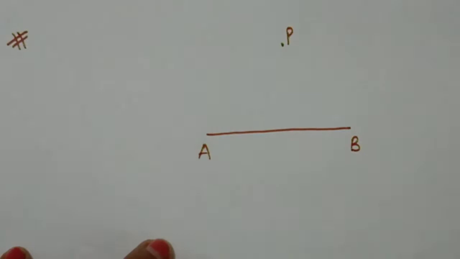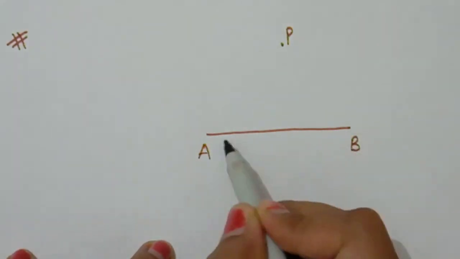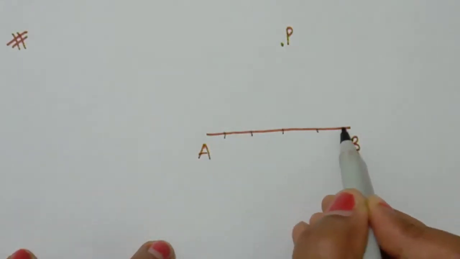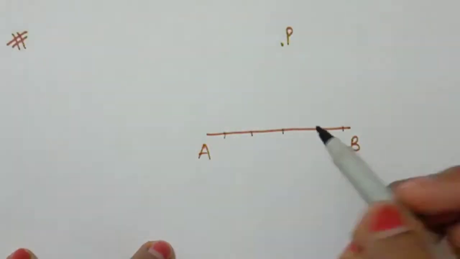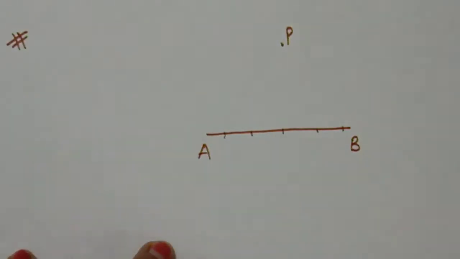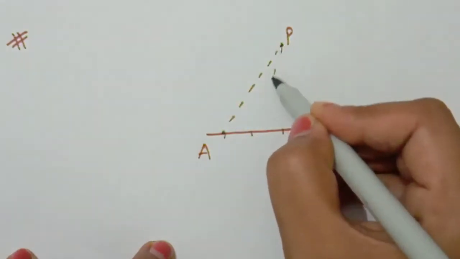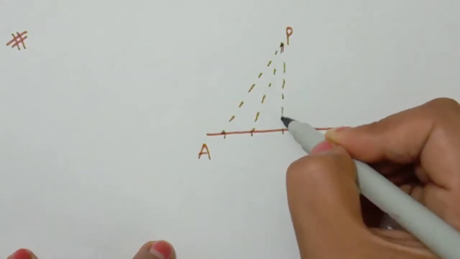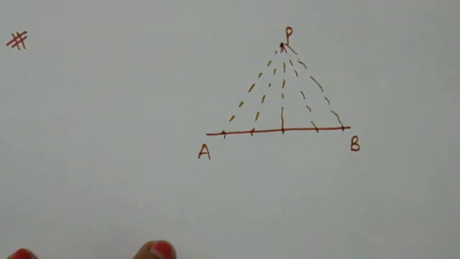Since there are infinite numbers of points on a line, if we join all these points to point P, we have so many line segments like this one, this one, this one, and many more.